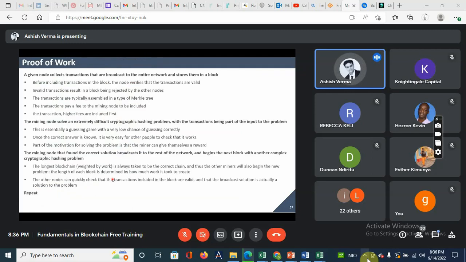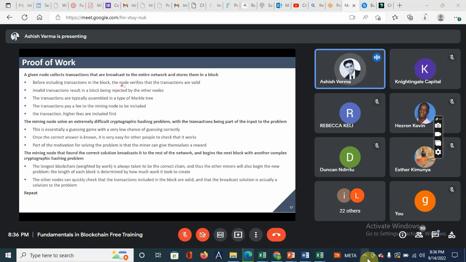Let's talk a bit about proof of work, which is used by both Bitcoin and Ethereum as of now. A given node collects transactions that are broadcast to the entire network and stores them in a block. Whenever you create a transaction on Bitcoin, it is broadcast to all the nodes which are connected to the network, or the mining nodes.